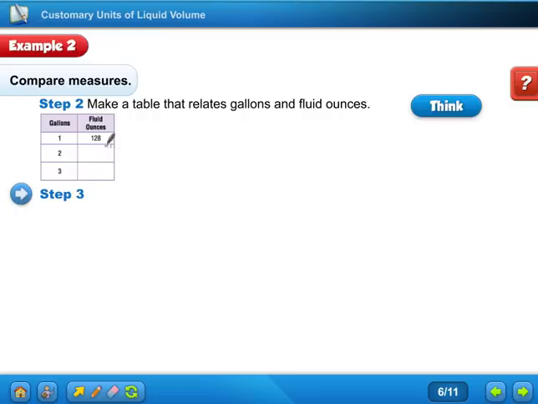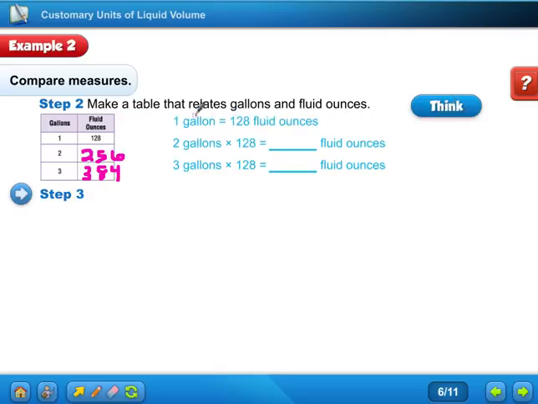Figure this out on your own. 256. So 3 must equal, I hope you already figured this out before you hear the answer. It's only going to help you. 384. Did you get it correct?